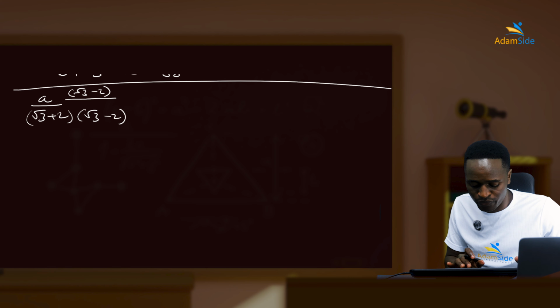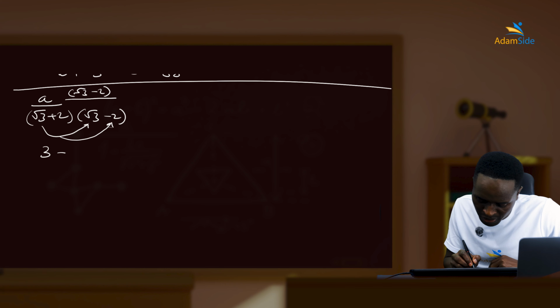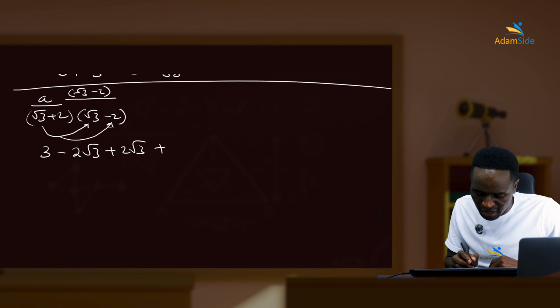So you have a over root 3 plus 2, and its conjugate is root 3 minus 2, multiplied in both numerator and denominator. When you expand this, root 3 times root 3 is 3. Root 3 times negative 2 is minus 2 root 3.